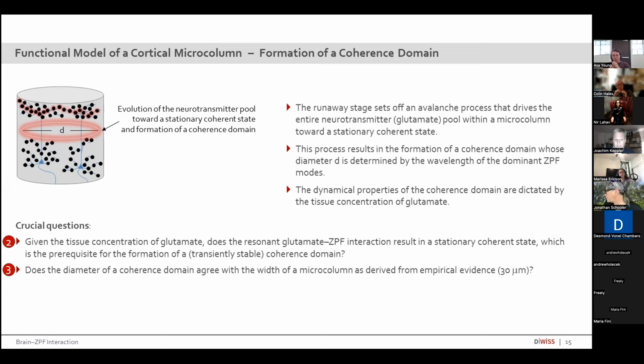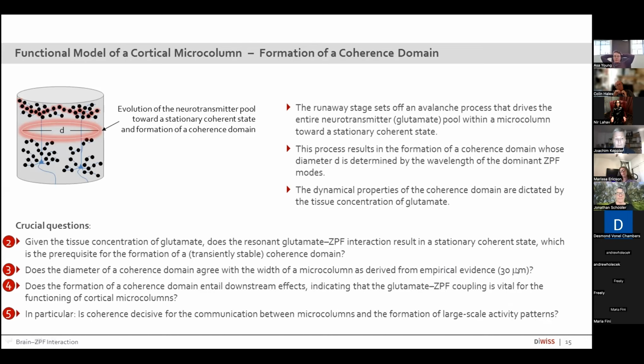The next one is, with these calculations we can calculate the diameter of a coherence domain. And the question is, does this calculated diameter agree with the measured width, the real size of a microcolumn as derived from empirical evidence, which is 30 micrometers?